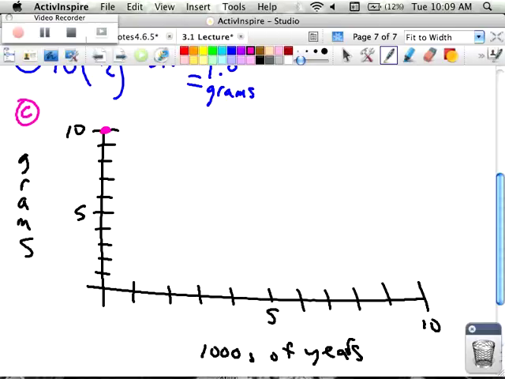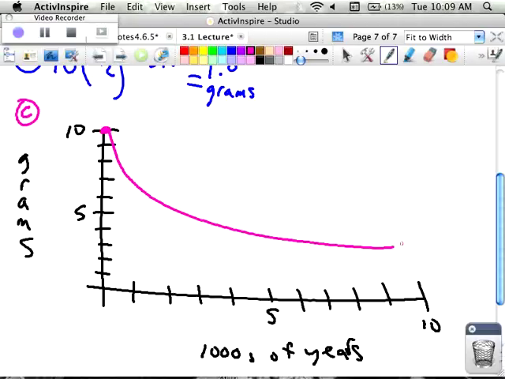So it looks something like this. And oh my goodness, it looks like a log. No. Exponential. Thank you, Gannon. It looks like an exponential graph.